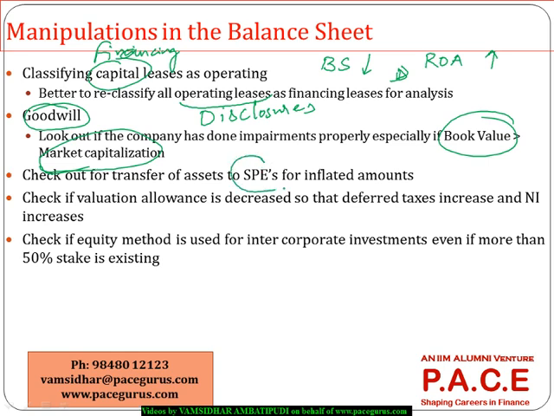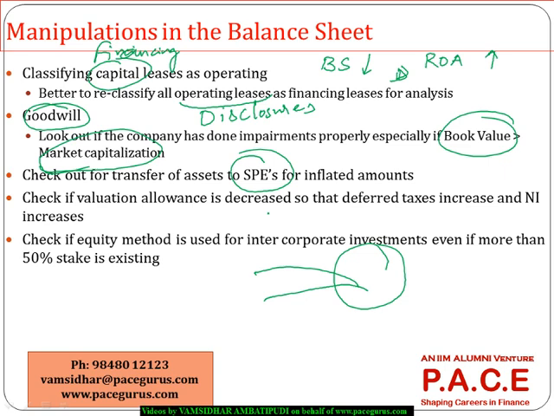Sometimes companies create SPVs and sell some of their assets, such as account receivables, to the SPV for a huge value. In turn their assets go down, and since it is sold for an inflated amount, it shows a gain for that particular year.